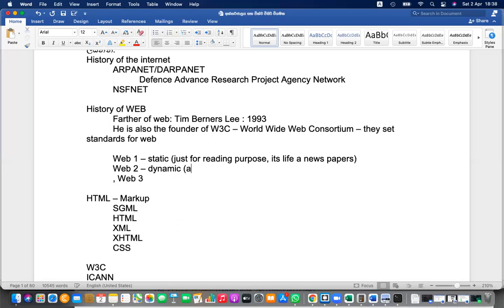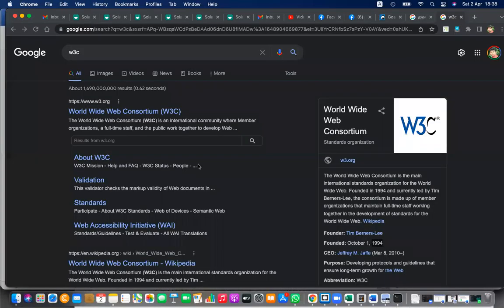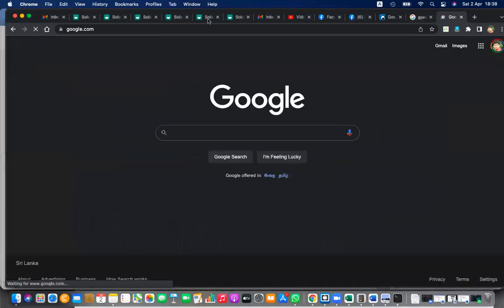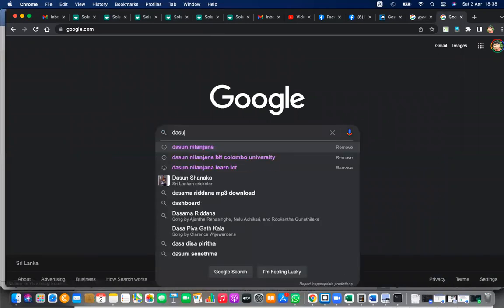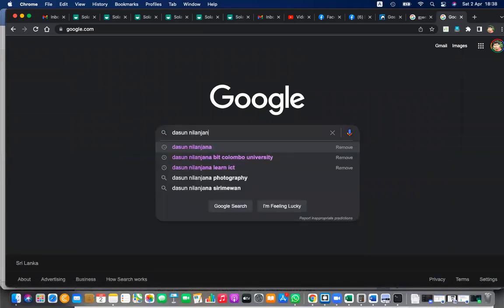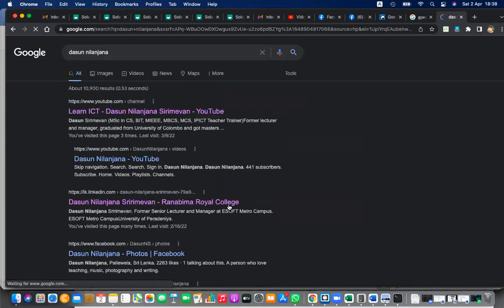Dynamic means adjusting based on the user feedback or user inputs. If you want to show it, let's say this is Google now. You can see this is the Google website. But if I type my name, Dasun Nilanjana, in Google, you can see Google is adjusting according to me.